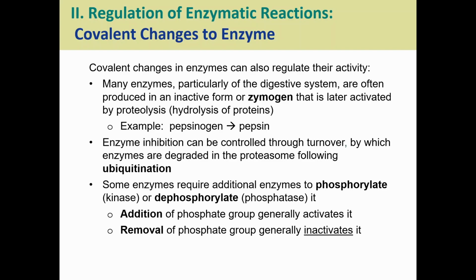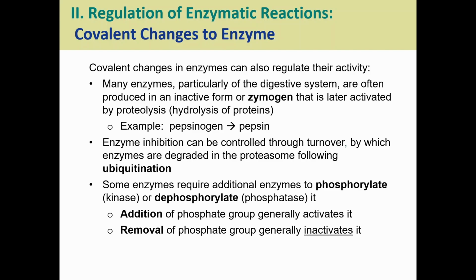And then some of them require additional enzymes to phosphorylate or dephosphorylate them. So using like a phosphatase or a kinase, right, to turn on and off. Usually if you add the phosphate group, right, a kinase usually activates it. Removal of the phosphate group usually inactivates it.